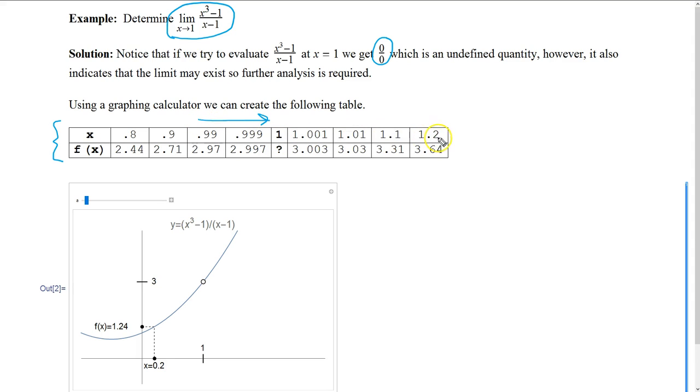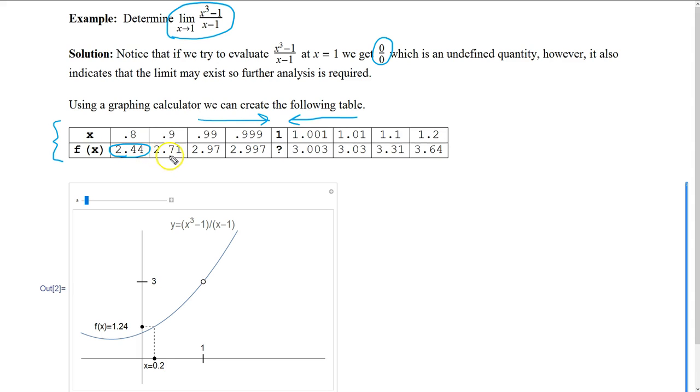And then we have 1.2, 1.1, 1.01, 1.001. They're getting closer to 1 from the right. And let's see what the function values are doing. Now down here you see we have our function values. These numbers, like 2.44, are obtained by putting 0.8 in for x into the function. You can evaluate that, and you'll see that you get 2.44.